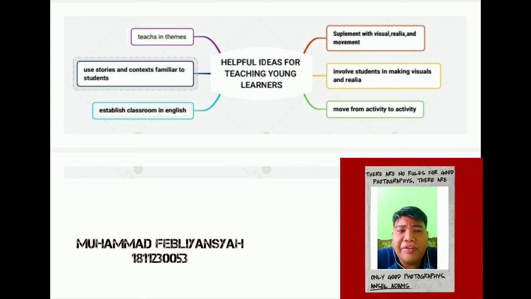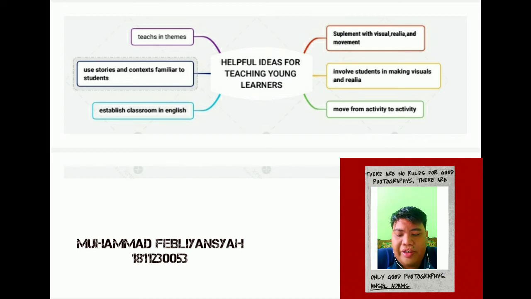When teaching the use of a word, the teacher provides some visual, realia, and movement. So in the target language, students can identify the word without much material. They can learn from realia.